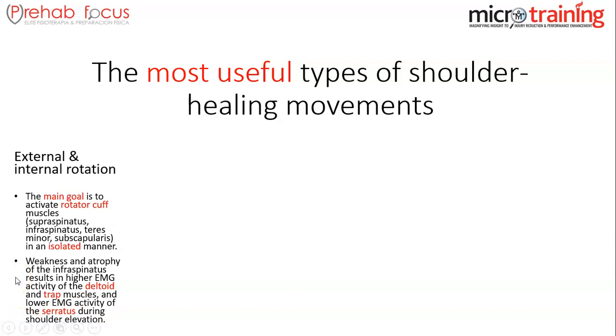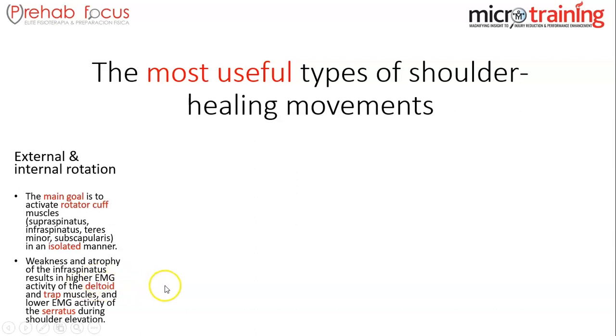So, among other things, this is exactly why we should be strengthening external rotator cuff muscles, or rear rotator cuff muscles, particularly infraspinatus, whether in isolated form or more during compound moves, for example, hanging or bear crawling or similar.